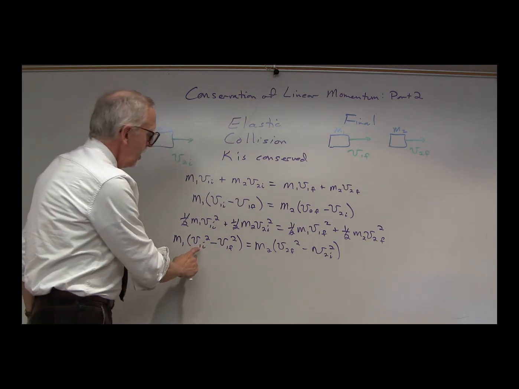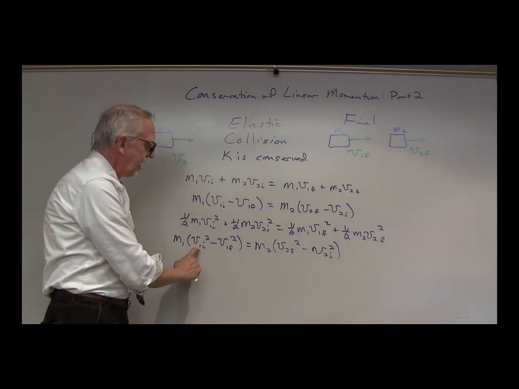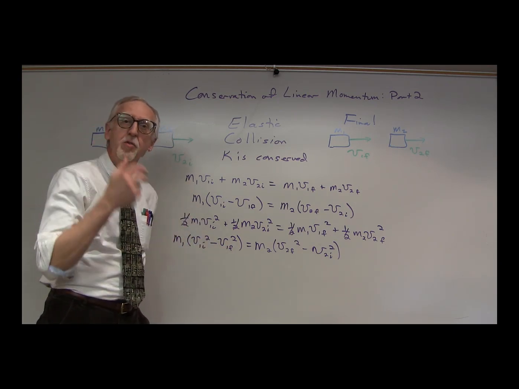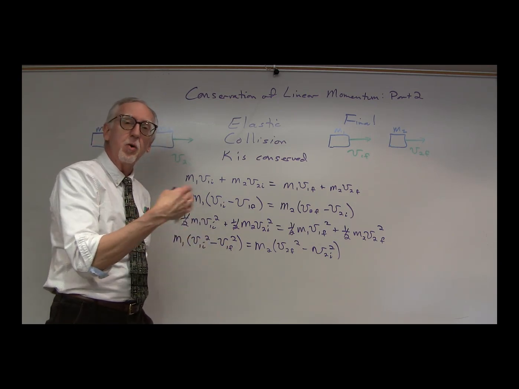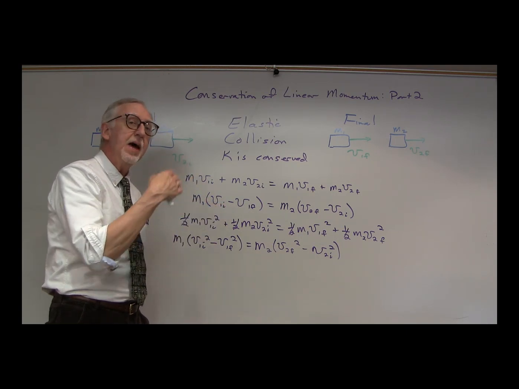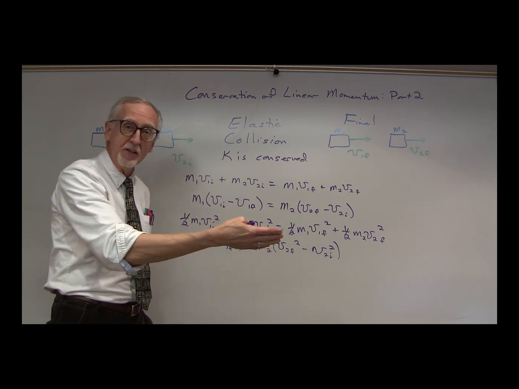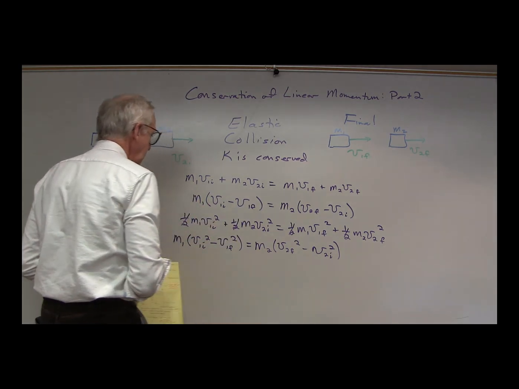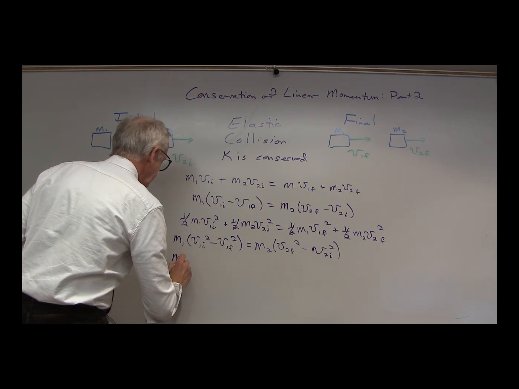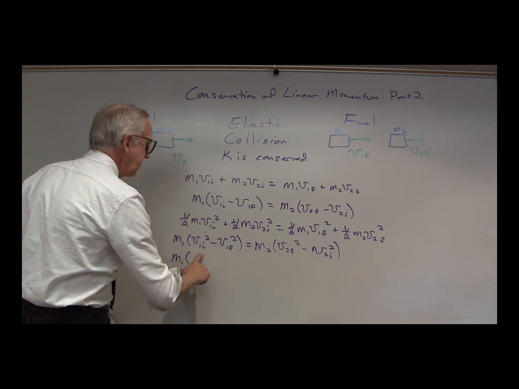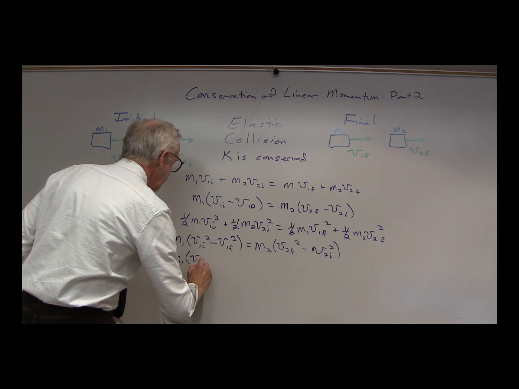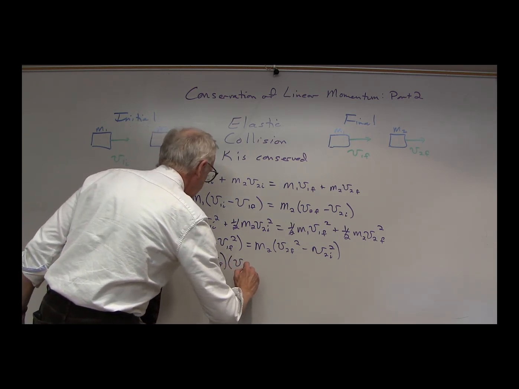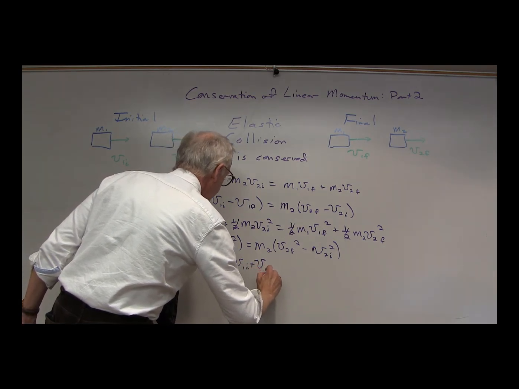Okay. Notice what do we have here? We've got the difference of two squares, like a squared minus b squared. And we know that we can factor a squared minus b squared into a plus b times a minus b. So let's factor both of these sides out. And what do we get? We get m1 times, we'll do the difference first, v1 initial minus v1 final times v1 initial plus v1 final.